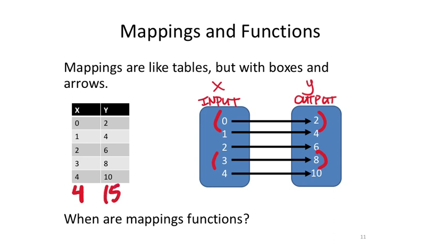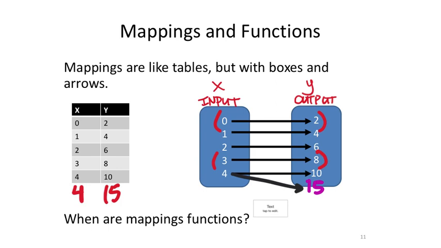Then in the output you would need 15 right there. That means you'd have a second arrow coming out of the 4, because you'd have the ordered pair 4, 10, and then this other arrow would show 4, 15. So then I would know that it's not a function. That's the nice thing about mappings, they can tell us pretty quick if we're looking at a function.